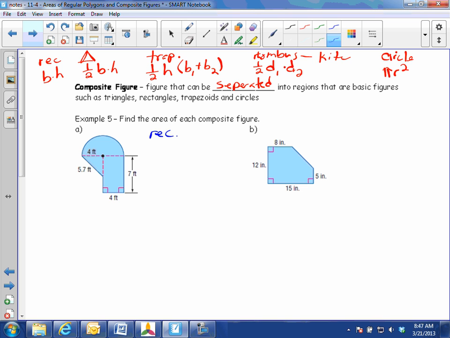All right, we're going to find the area of a rectangle from the base times height. What is the base and height of just this piece? 4 and 7, which would be 28 feet squared. Okay, now let's look at the half circle. What's our formula?